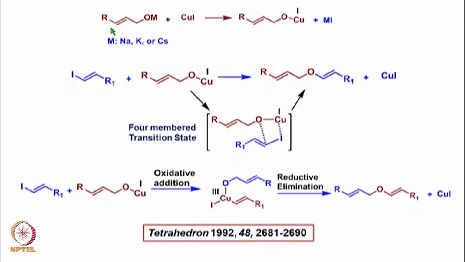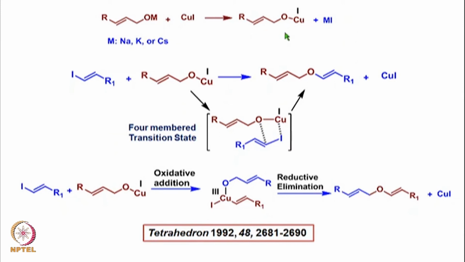If we start with a salt of allyl alcohol like this, in which M is sodium, potassium or cesium depending on the kind of base that we start with, and react it with cuprous iodide, then we expect to form this kind of copper 1 species.